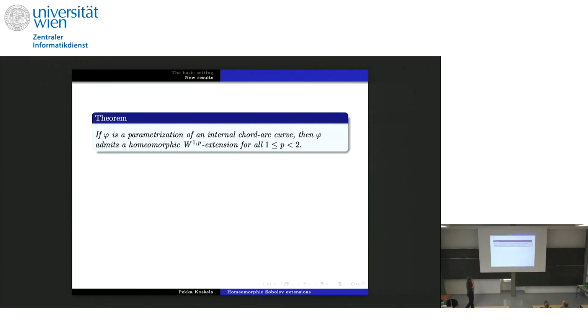And then what we proved is that if you take an interior Koch curve, then any parametrization of it can be extended to W1P for all p strictly less than 2. Okay. But then when I was looking at the proof, it seems that I'm ruling out outward cusps. So what about if I have a domain like this?